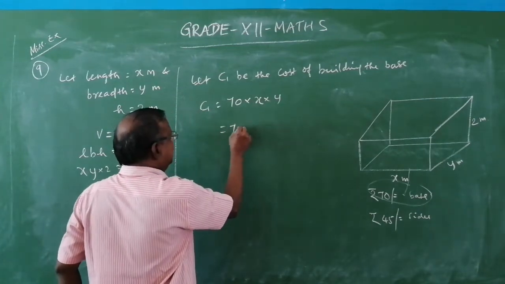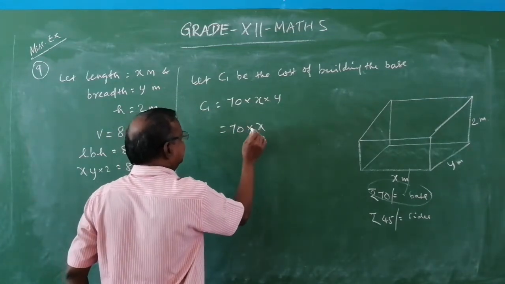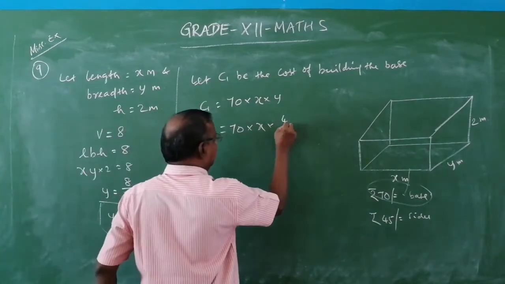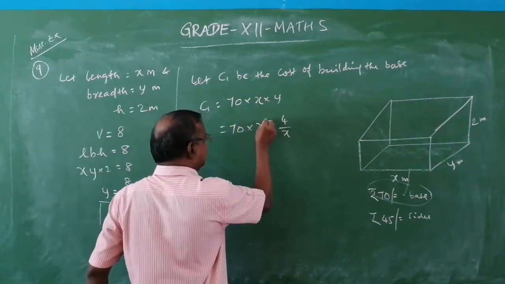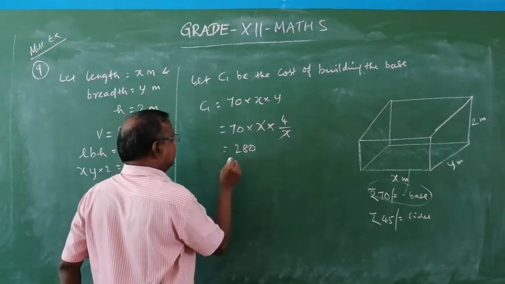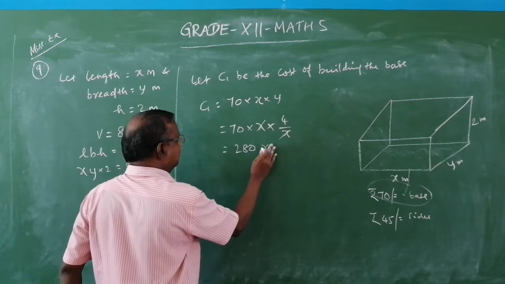That is 70 into x into 4/x, x cancels. So 4 sevens are 28, rupees 280.